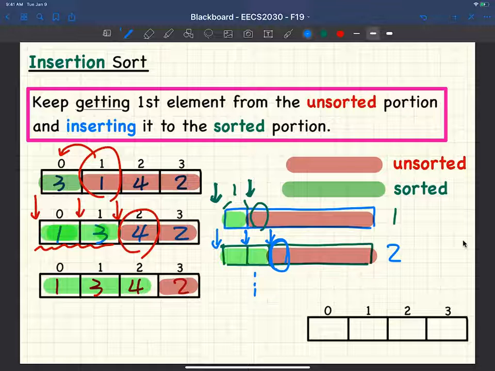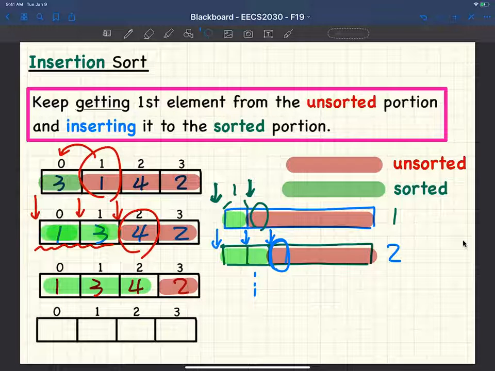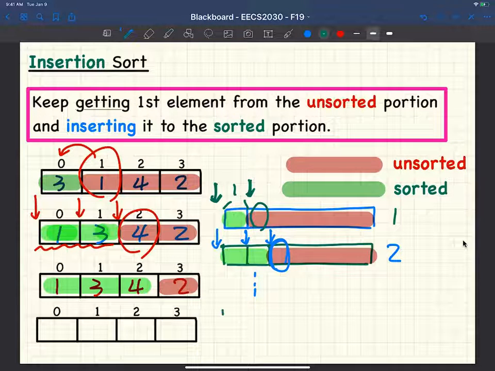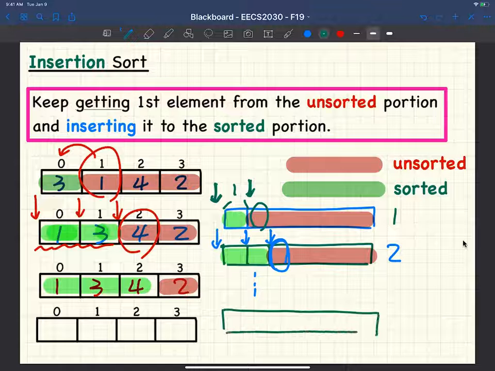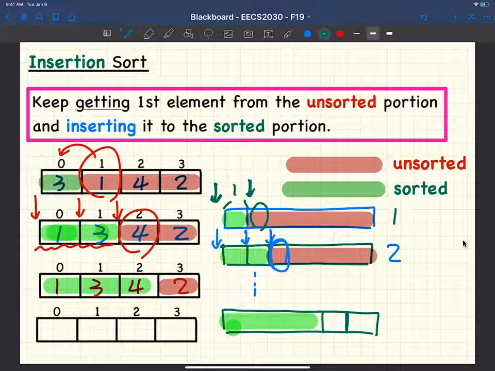The last iteration will look something like this, okay? The last iteration would be when the sorted area is so large. Let me just give you 2 here. Let's say this guy is already sorted, and over here it is unsorted.